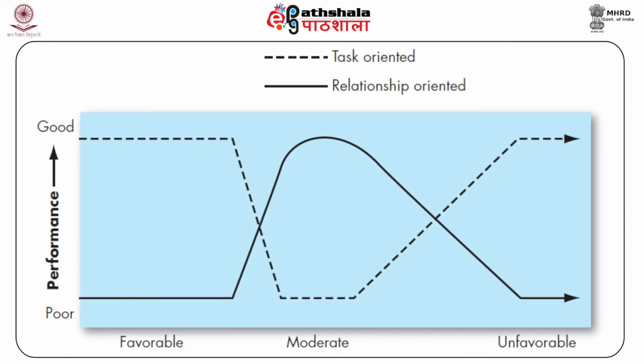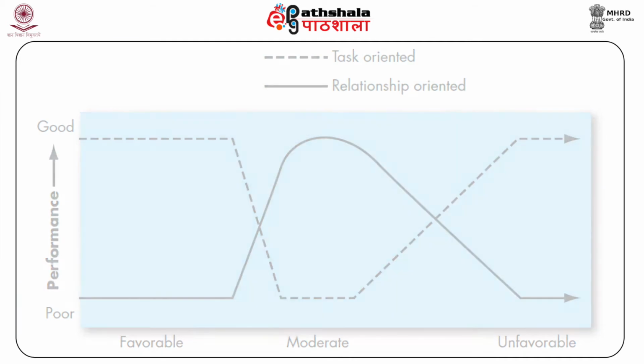Fiedler concluded that when the situations are either too favorable, that is high control situation, or too unfavorable, that is low control situation, task-oriented leaders generally performed better. On the contrary, the relationship-oriented leaders performed well in moderately favorable or moderately unfavorable situations, which offer moderate control to the leader.